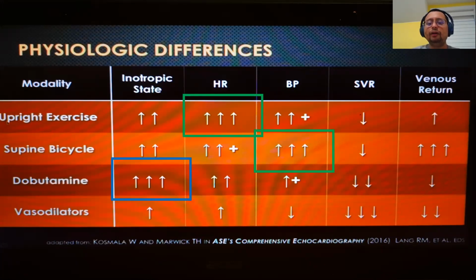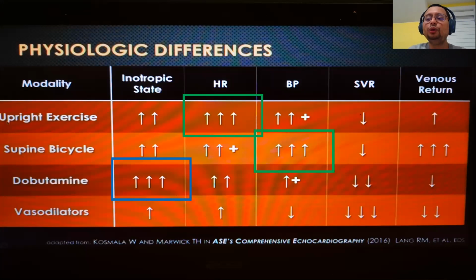However, if you want to look at viability, what do I mean by viability? When you say you want to look at viability, you mean you want to look at a segment that is already affected, a segment that is already hypokinetic or akinetic, and you want to know whether this segment is viable or not. Then you use dobutamine.